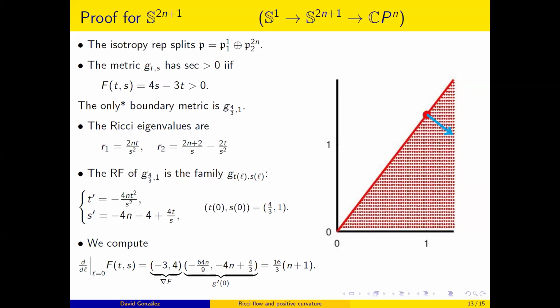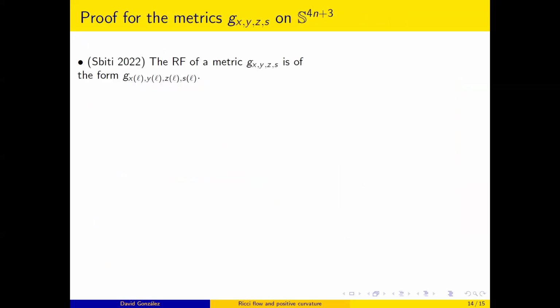Maybe I finish with this slide saying something about the four-parameter family, which is way more complicated, actually very technical. The numbers become ugly and hard to manage, so I will only give the idea.